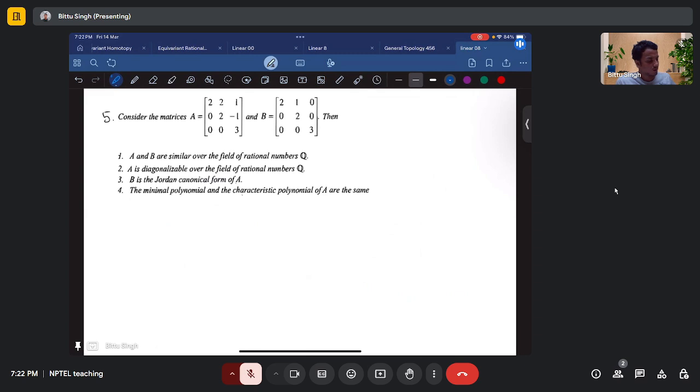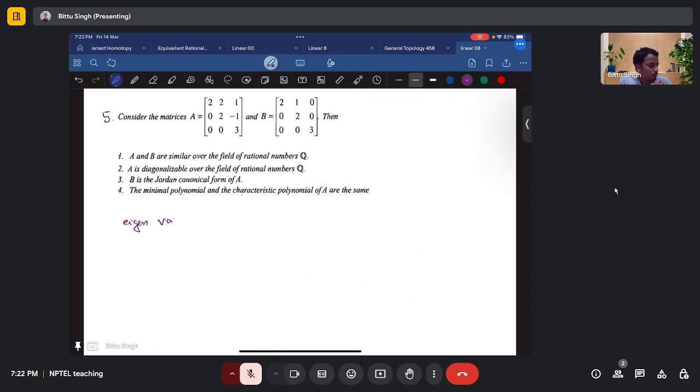We need to see if those are similar, whether A is diagonalizable or not. B is the Jordan canonical form of A. Okay, so let us see what is the Jordan canonical form of A.